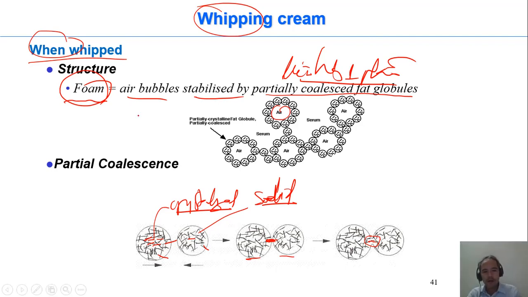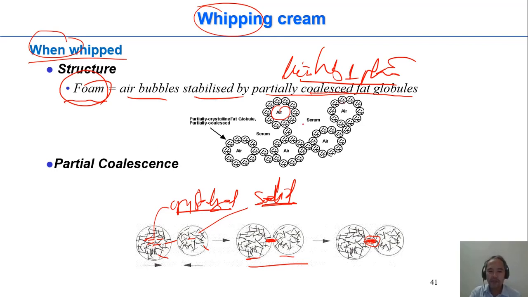Because we already store the cream at low temperature for a period of time, the fat inside is crystalline, becomes solid fat, and some of the crystals are sharp like needles, and when we do whipping they will collide with each other, and the part of the membrane here is broken, and then the fat inside is coalesced together. We call coalesce là liên hợp lại với nhau.